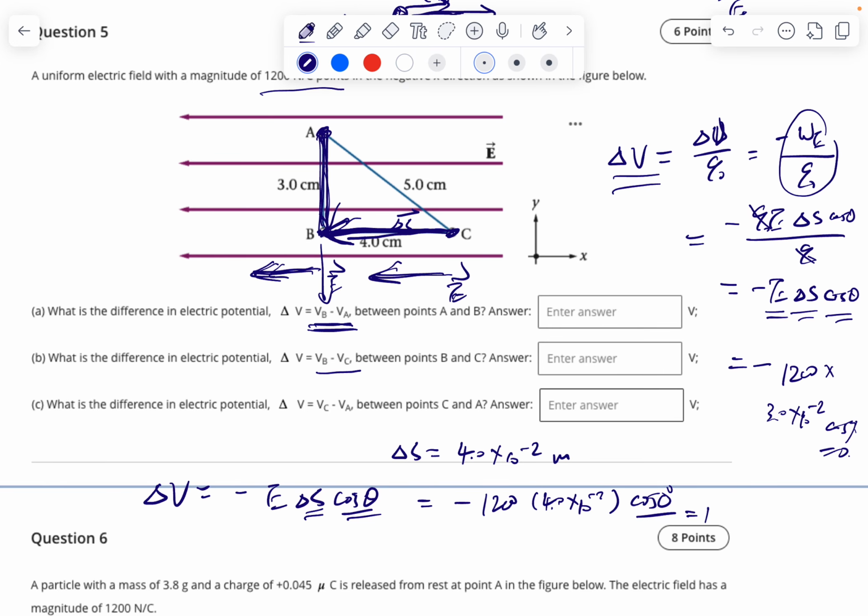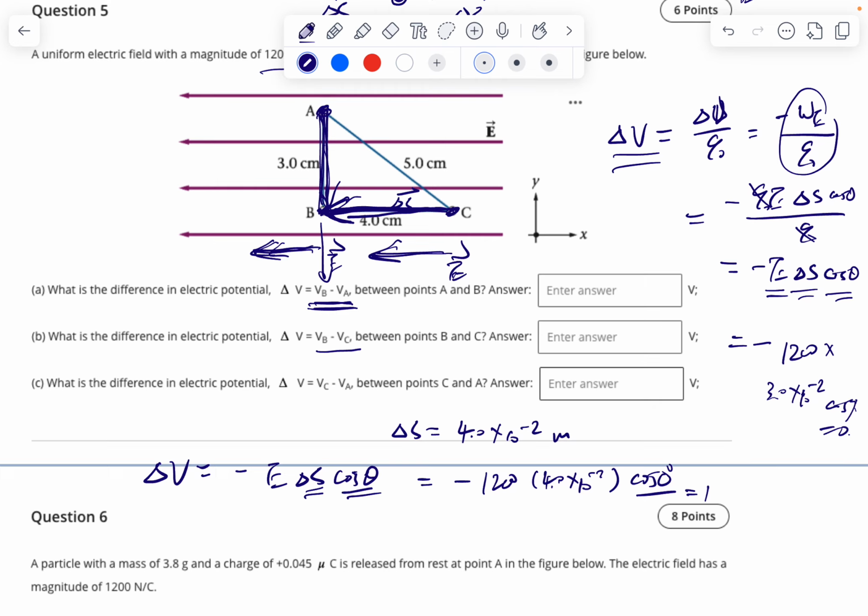So VB minus VC. VB minus VC. Yes, from C to B. Let me see. Do I have something wrong? QE delta S. E negative. Cosine 0 is 1. Okay.